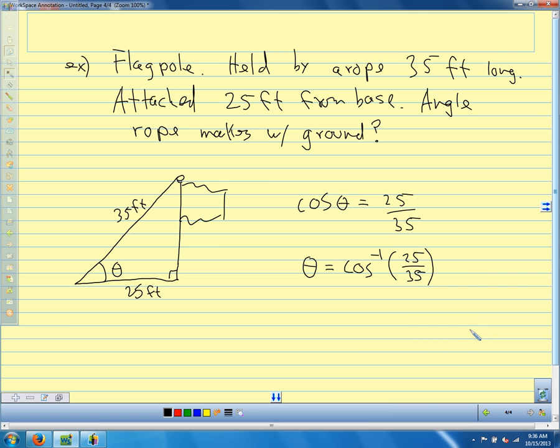And so same thing if you have sine theta equals something, tangent theta equals something, you're going to use inverse cosine, inverse tangent, inverse sine, whatever trig function you have, you're going to use the inverse to find your angle.